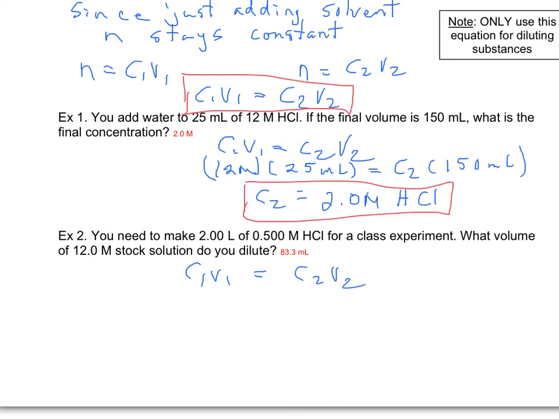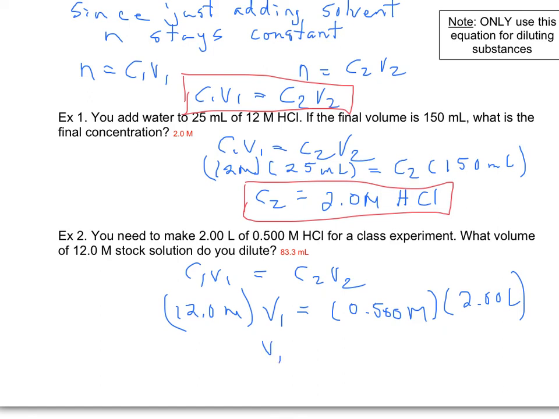Let's plug in what I know. My initial concentration is 12 moles per liter, and the question asks me how much of it do I need, so I'm looking for V1. The final concentration that I want to make is 0.500, and I want to make 2 liters of it.